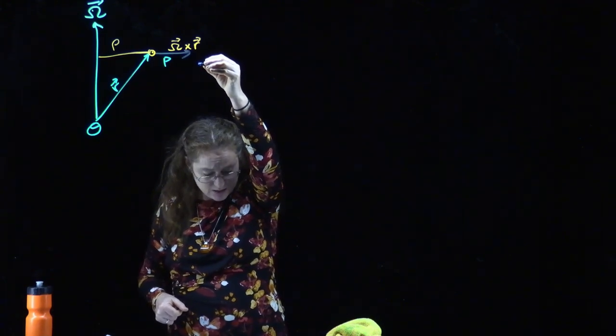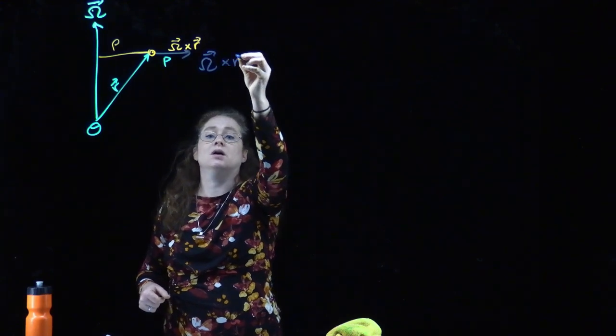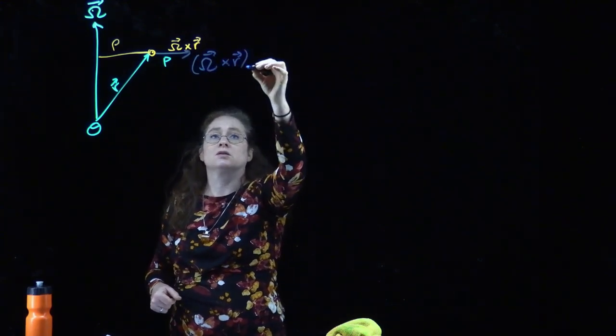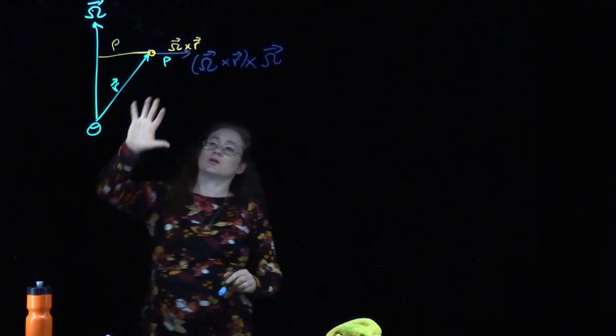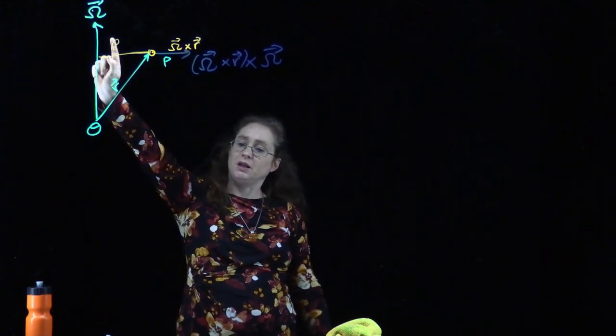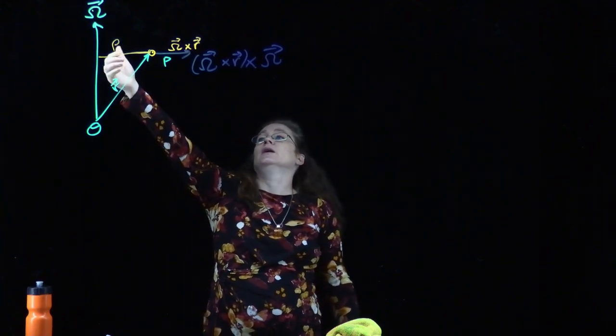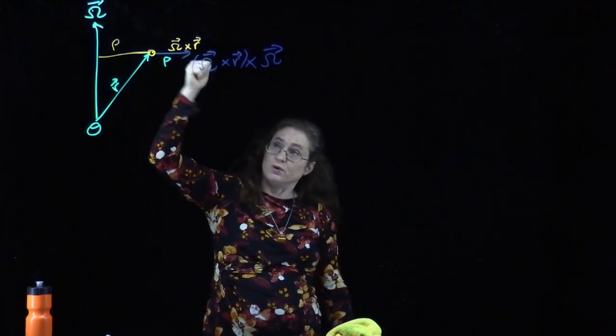So that is Ω cross R cross Ω. And here I've drawn this so that R and Ω are in the plane of the board. And then Ω cross R is towards me.